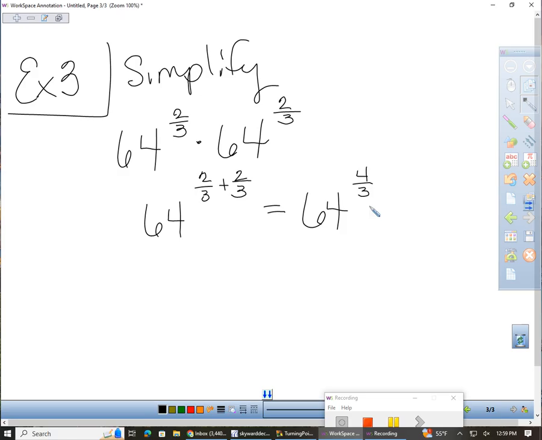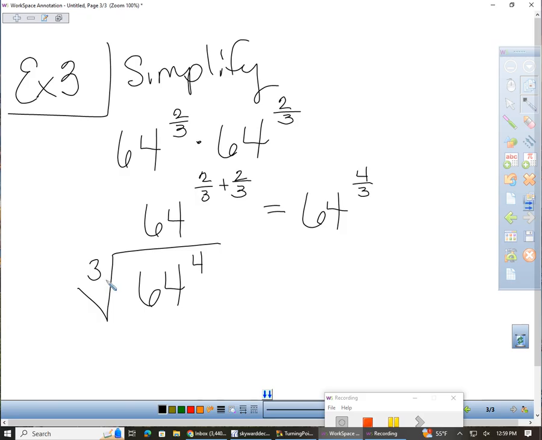Yeah, so now we're going to change this to radical form, right? Think about how we can simplify this. So we have 64 to the 4th power inside a cube root. Okay, hold on. So how many 64s do I have in there right now? There are 4, right?